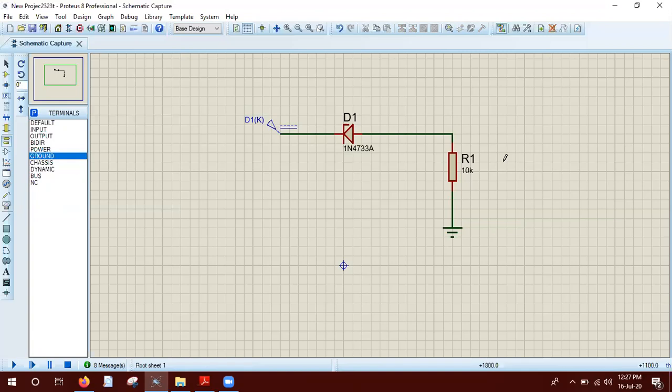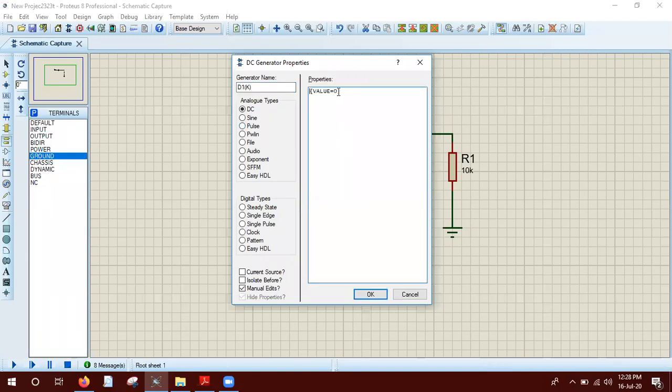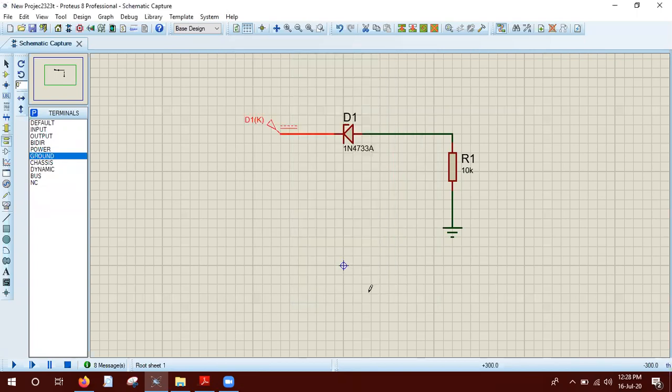Now we're not finished. Because we want to show the Zener diode operation, there will be no fixed voltage. We'll give a range of voltage to see how it operates. So we make the value X in the manual edits, something like the first example, value X, and we need to see the current of this Zener.